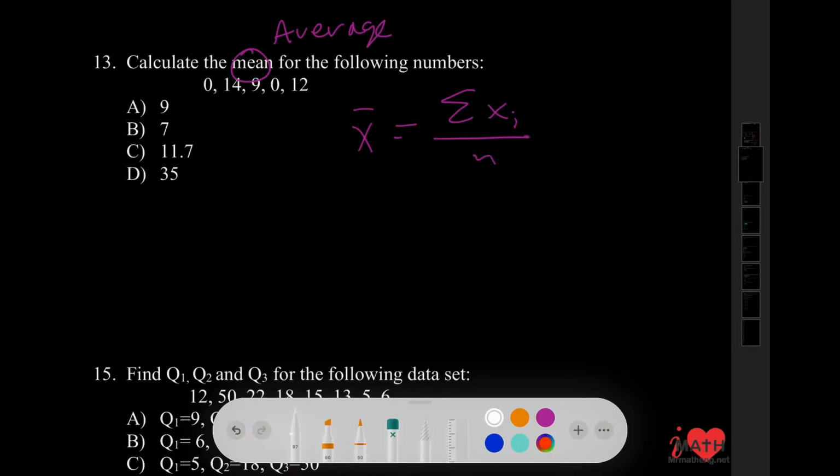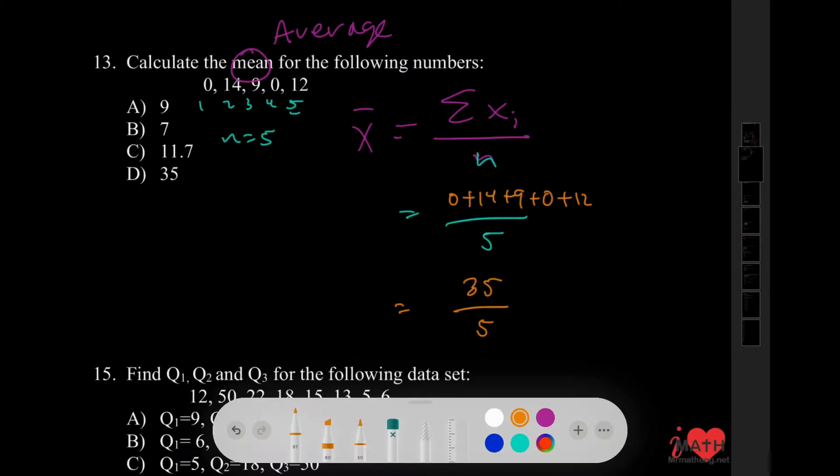And so in this problem, you have 1, 2, 3, 4, 5 numbers, so n equals 5. And if I add up all those values together, what do I got? 35 divided by 5. So that means x bar is equal to 7. And 7 is B.